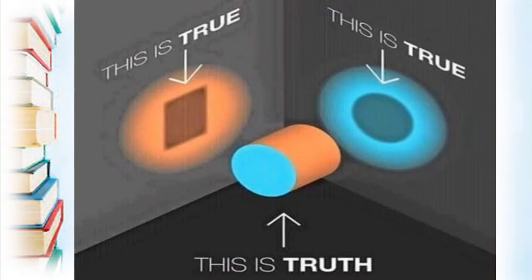As you can see, the image shows a puzzle. The orange with square hole is true. The blue one with a circle hole is also true. Now, where do you think this puzzle or this shape, which speaks about the truth, would fit?